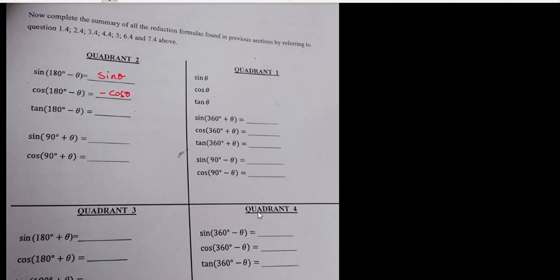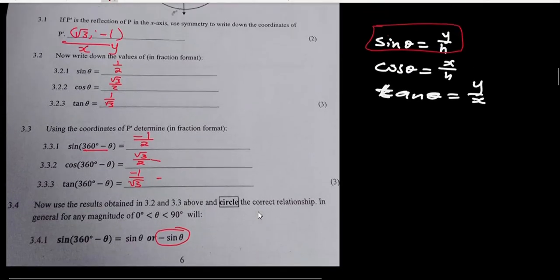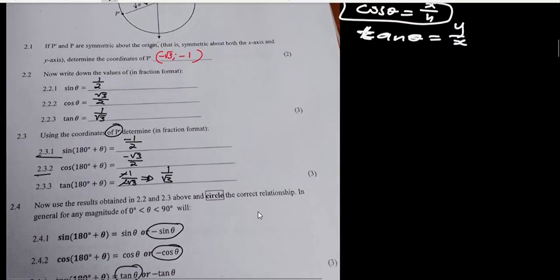You can just go and check here. From here, guys, you see this one is negative, which was the negative cos theta, and then we're going to have negative tan theta, and then we had sine theta.